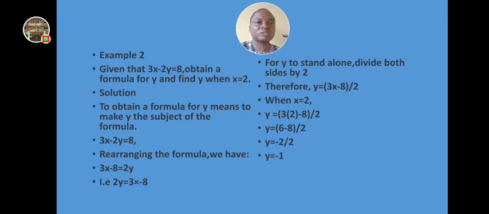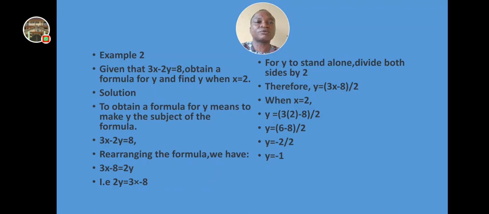We have two questions here together, so we'll do them one after the other. The first one is change of subject of a formula, and the second question talks about substitution. So you do the substitution after you have changed the subject of the formula in the first question. So let's go straight to the solution.